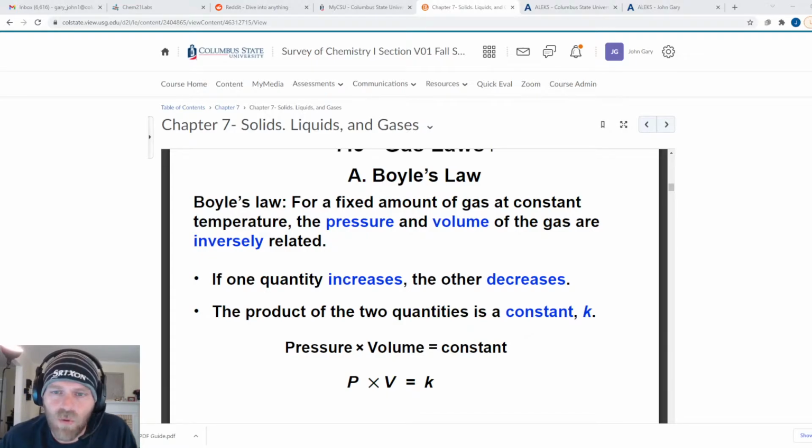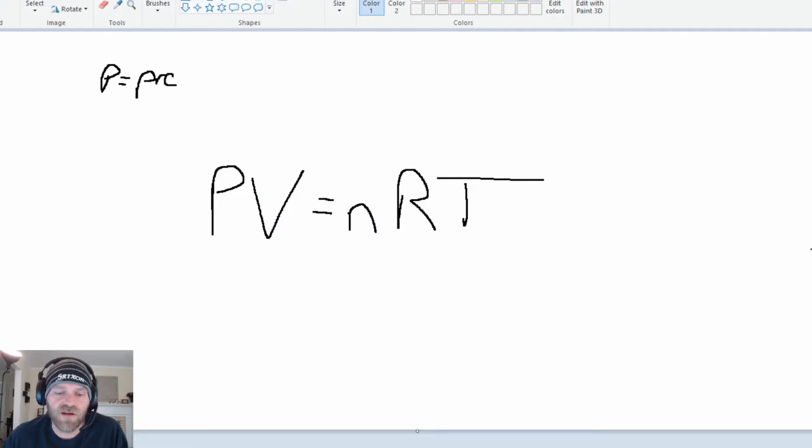First up, let's talk about Boyle's law. Boyle's law says that pressure and volume are inversely related, inversely proportional. So I want to talk about that real quick. You're going to see some different kind of equations, and they might not make sense to you. So I'm going to kind of stop and explain them.